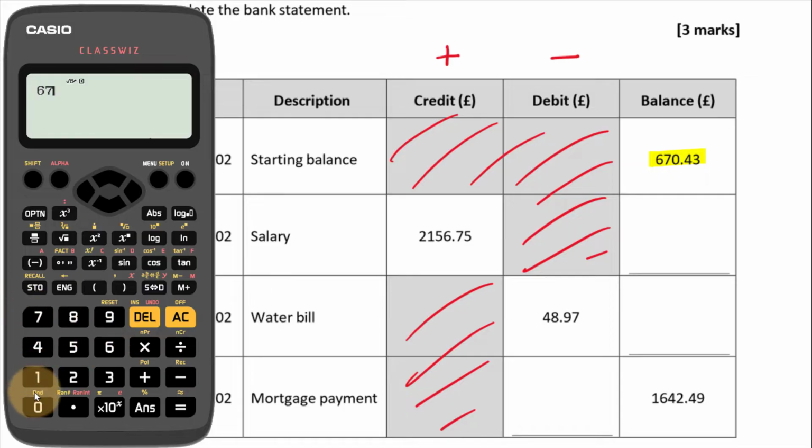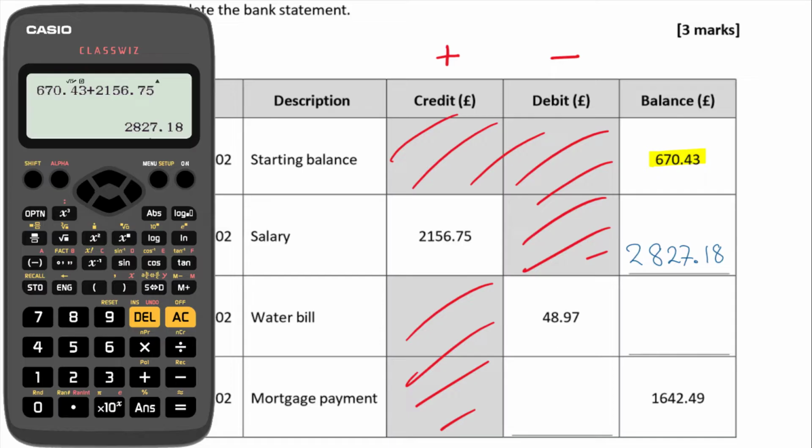So reaching for the calculator, 670.43 plus the salary of £2,156.75. That comes to £2,827.18.